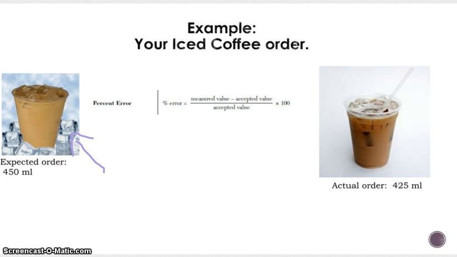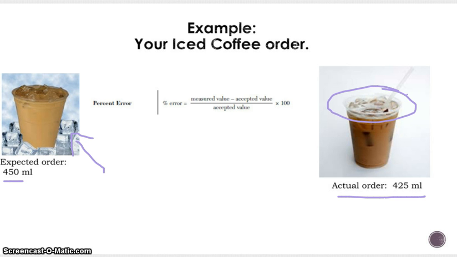And this is expected, it's going to be 450 milliliters. So you order your iced coffee, and then when you get it, you actually get this order. And you see that it's not quite all the way up there to the top. They're not giving you what you expected. It's actually 25 milliliters less. So your expected order would have been 450. Your actual order was 425.